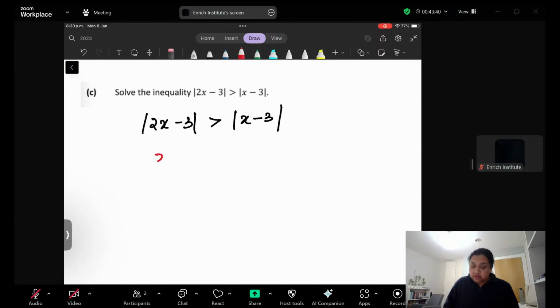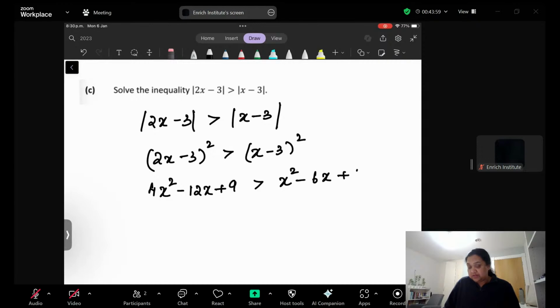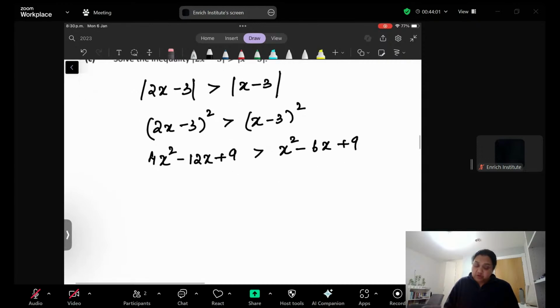So 2x minus 3, the whole square, is greater than x minus 3, the whole square. Expand this, so you get 4x square minus 12x plus 9 is greater than x square minus 6x plus 9. Bring everything to the left hand side, which is 3x square minus 6x. The 9 gets cancelled, and this is greater than 0.